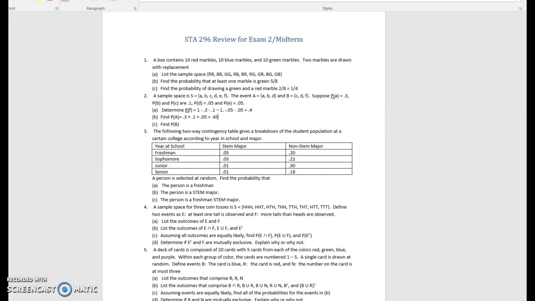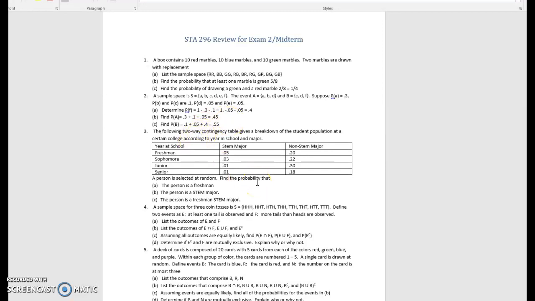And we will get 0.45, our probability of A. Now let's do the same thing for the event B. So we need to add up C, D, and F's probabilities. Well, probability of C was 0.1, D was 0.05, and F, as we found out earlier, was 0.4, and this is going to give us 0.55.